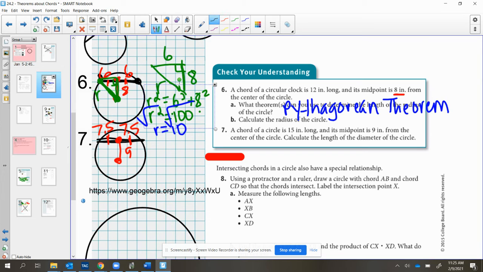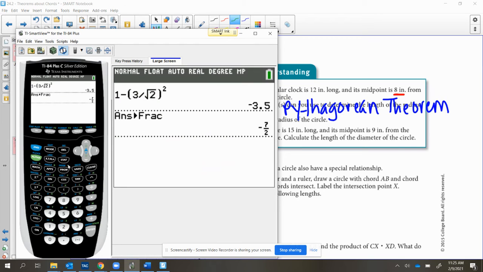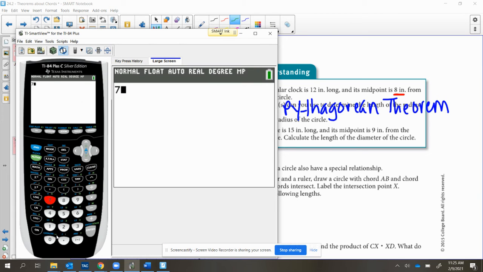And we can draw in the radius to be found using Pythagorean theorem. Okay, so this time our hypotenuse squared is 7.5 squared plus 9 squared.